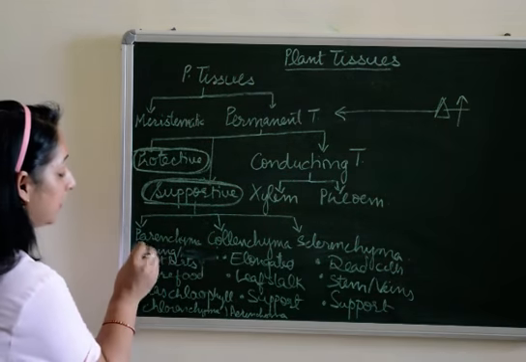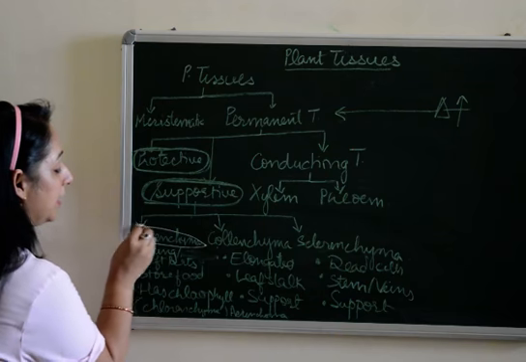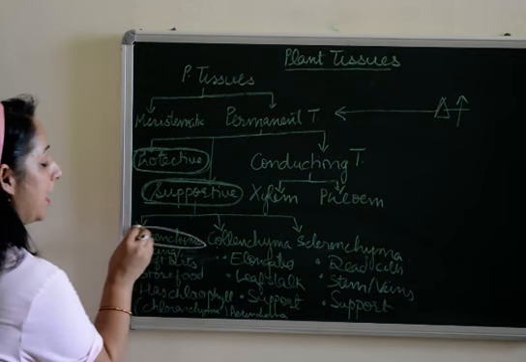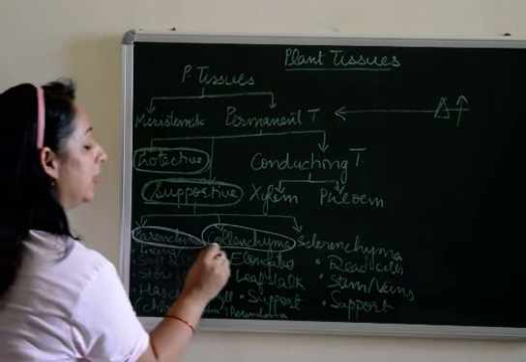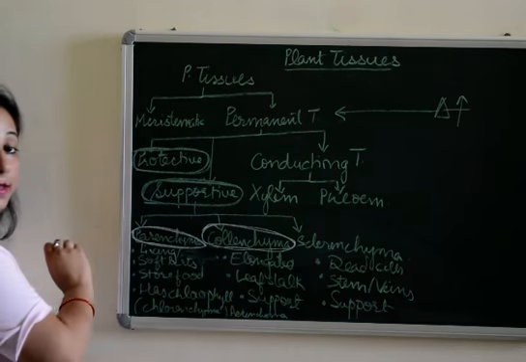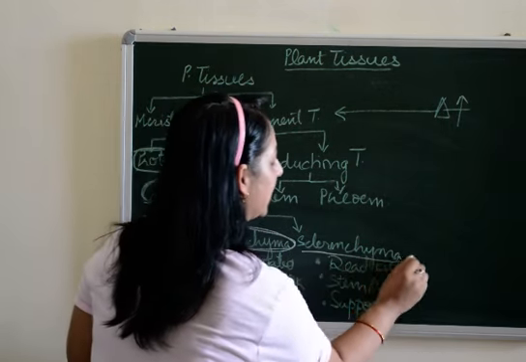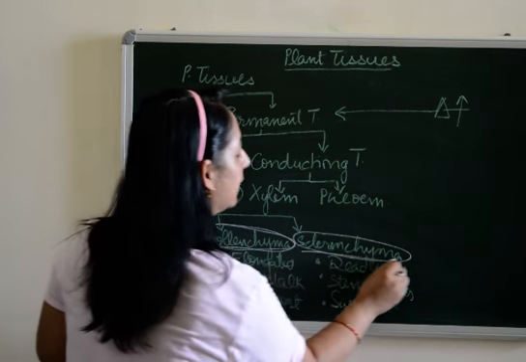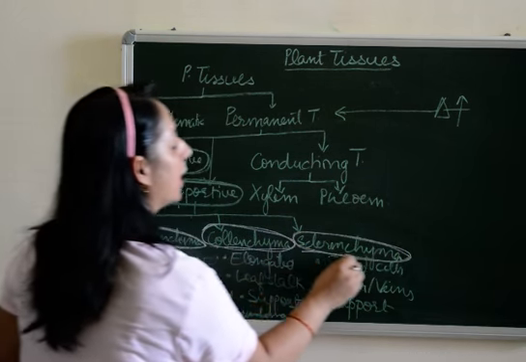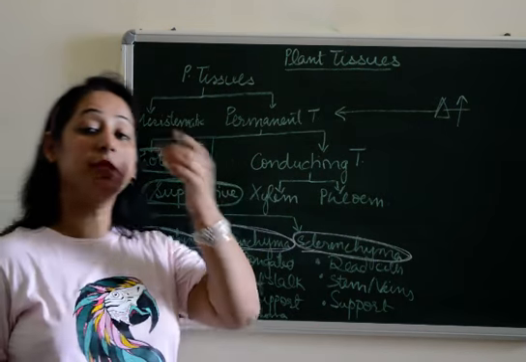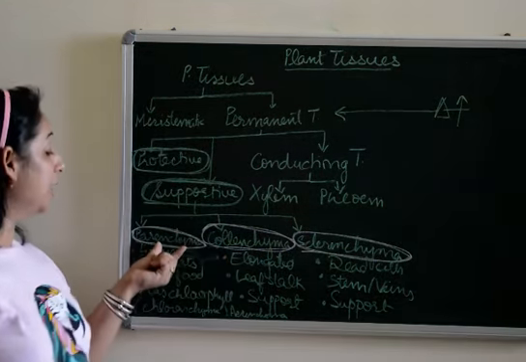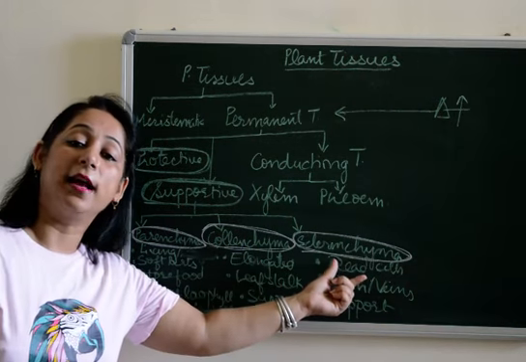First is parenchyma, P-A-R-E-N-C-H-Y-M-A. Collenchyma, C-O-L-L-E-N-C-H-Y-M-A. And sclerenchyma, S-C-L-E-R-E-N-C-H-Y-M-A. These are the three types of supportive tissues: parenchyma, collenchyma, sclerenchyma.